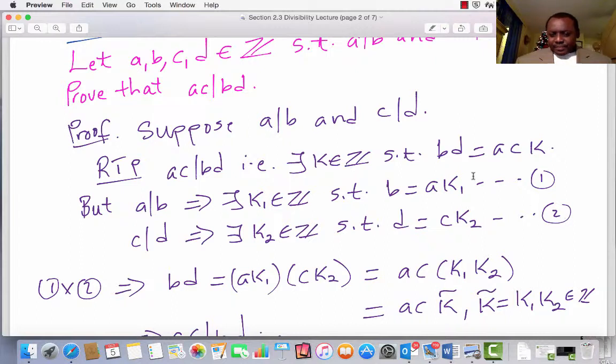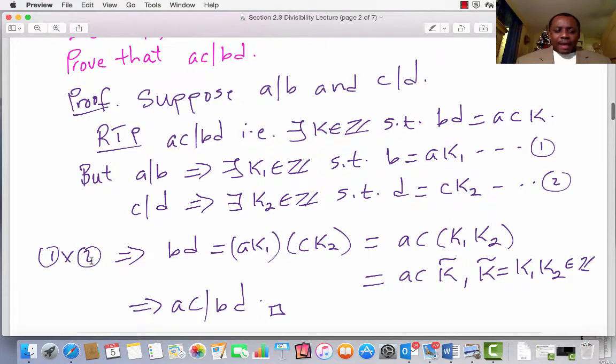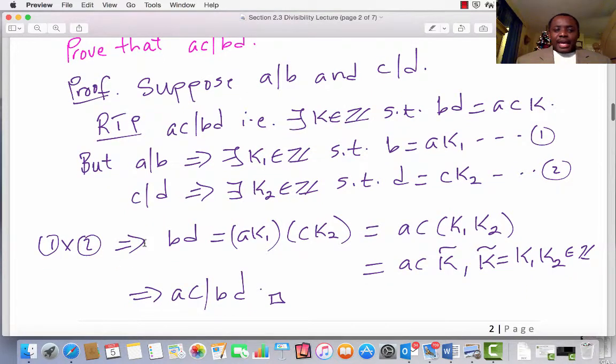Remember, I want to prove that BD equals ACK. I have equations 1 and 2 before me. Multiply equation 1 by equation 2, and we have B times D equals AK1 times CK2.